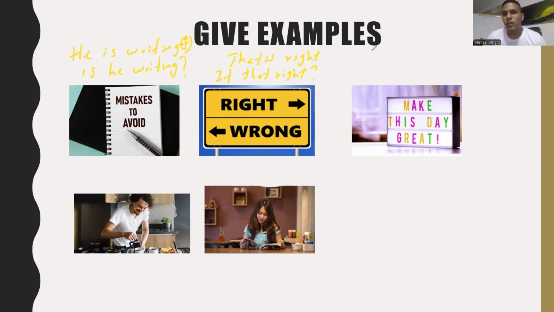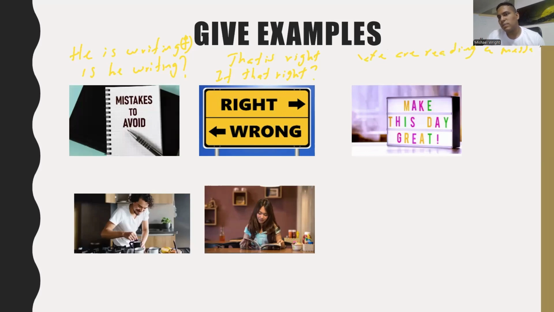Nosotros leemos un bello mensaje. We read, okay, sorry, but that is not with the verb to be, sorry. In this case, nosotros estamos leyendo un bello mensaje. So how would it be in that case? We are reading a message.